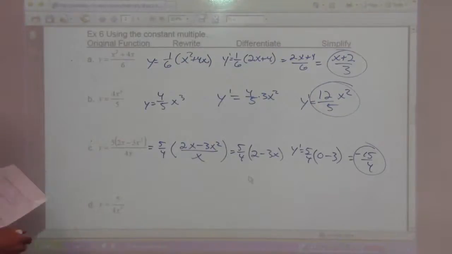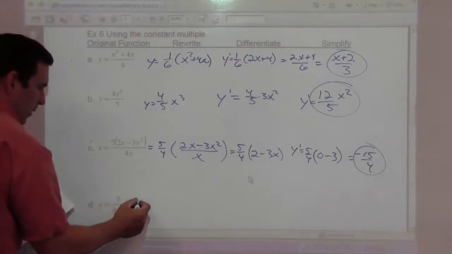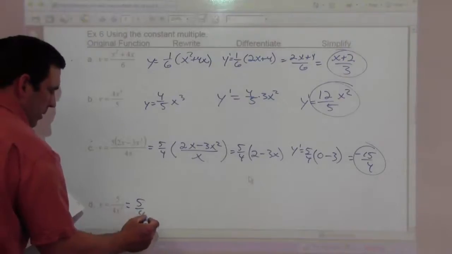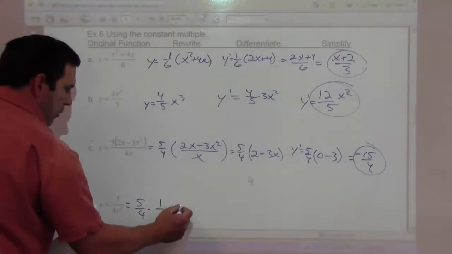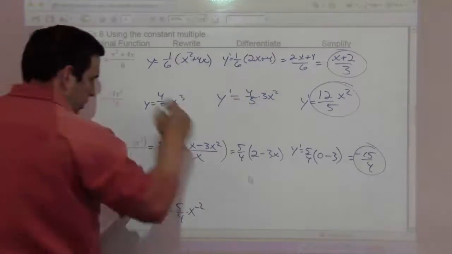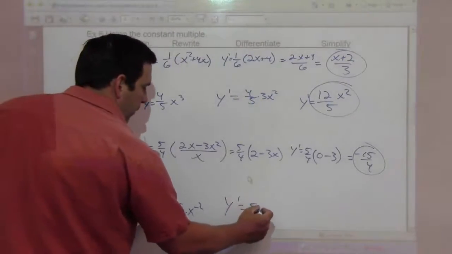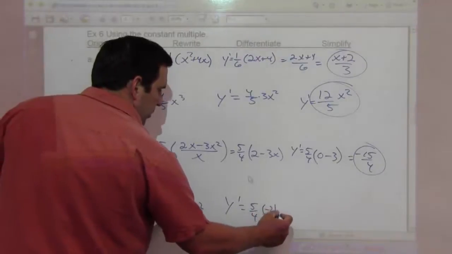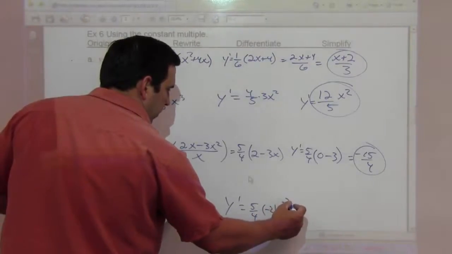And this last one, you could treat this as 5/4 times 1 over x squared, which is 5/4 times x to the negative 2. So that y prime would be 5/4 times negative 2x to the negative 3 power.